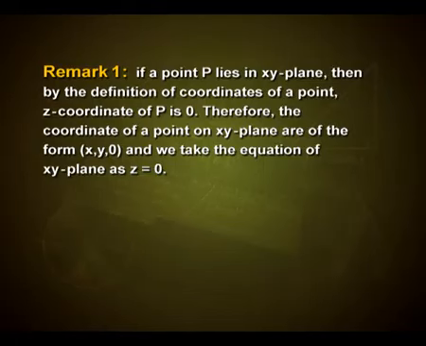If a point P lies in xy plane, then by the definition of coordinates of a point, z coordinate of P is 0. Therefore, the coordinates of a point in xy plane are of the form (x, y, 0), and we take the equation of xy plane as z = 0.